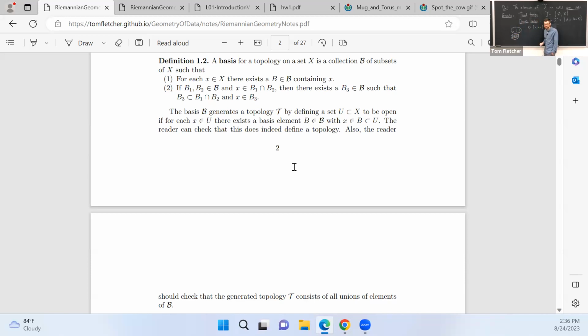So basically any collection of points I can circle gives me the discrete topology. Those are the open sets.